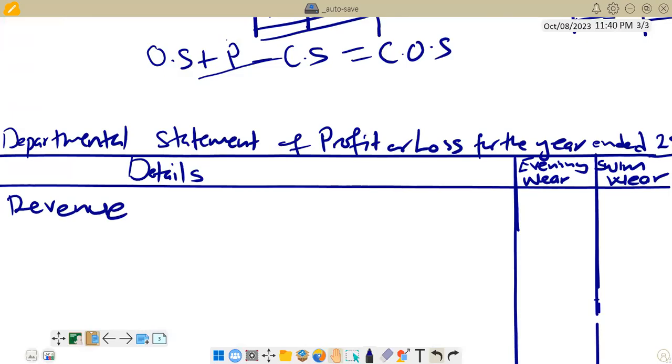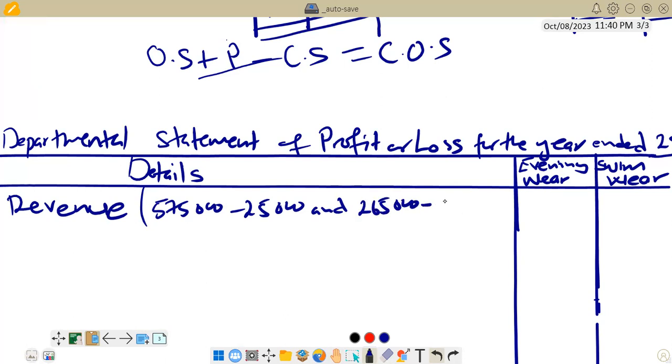So we can just maybe show the working in brackets here by saying the first one for evening, 575,000, 25,000. And then you can show that this one is now for swimwear. It's 265.